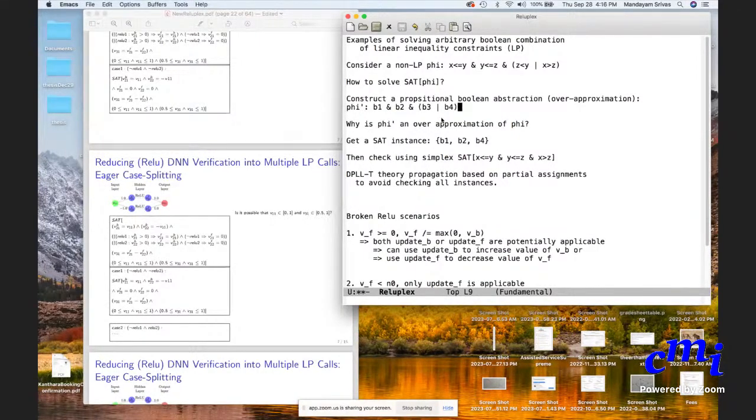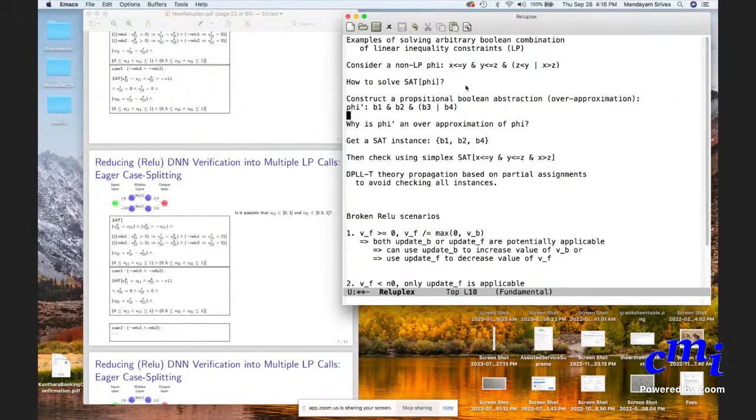Blind case splitting may not scale, because if there are lots of disjunctions embedded in your formula, you will have to case split for every possible one. Your number of case splits will be exponential in the number of such things. That will become obvious here.